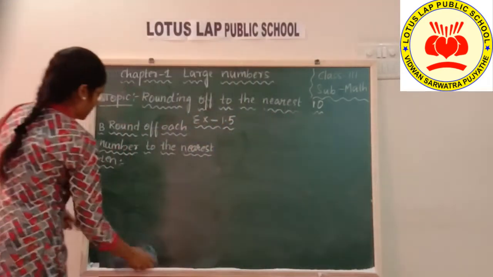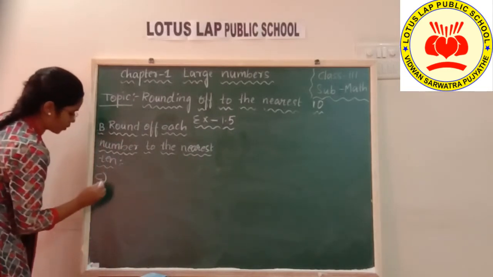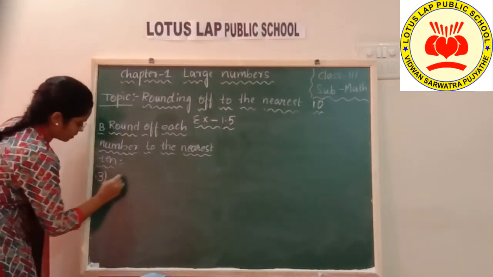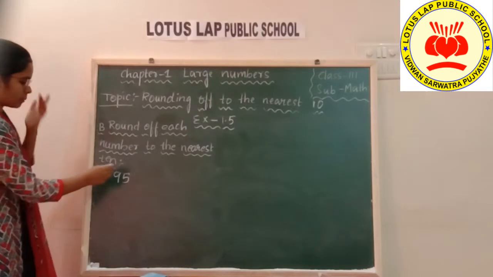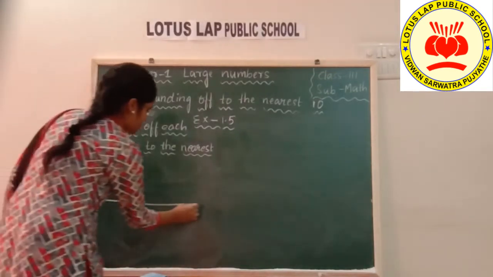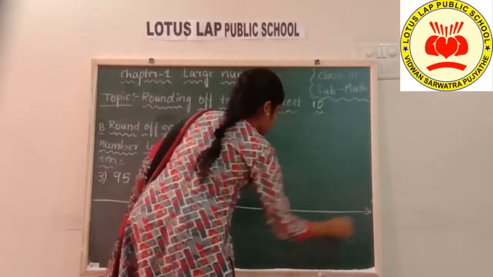Now I am taking one more problem, children. One more number is 95. In the same way again we have to draw the number line.